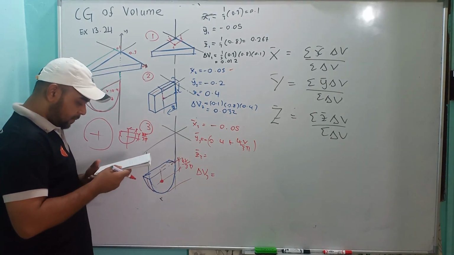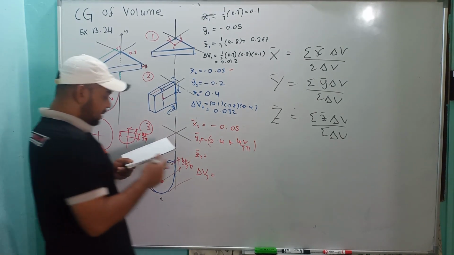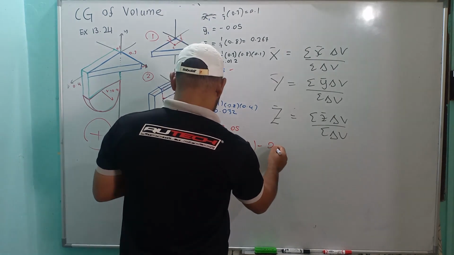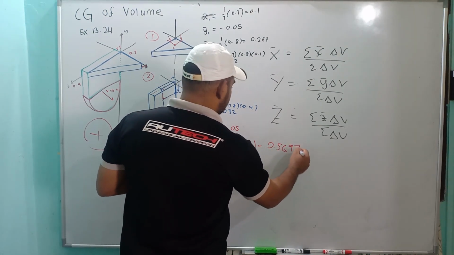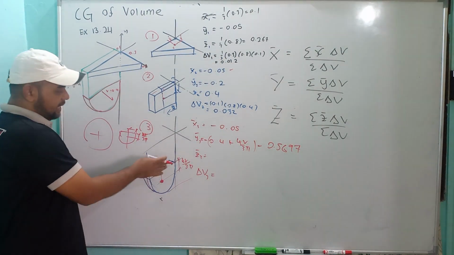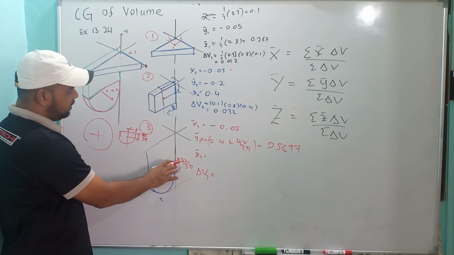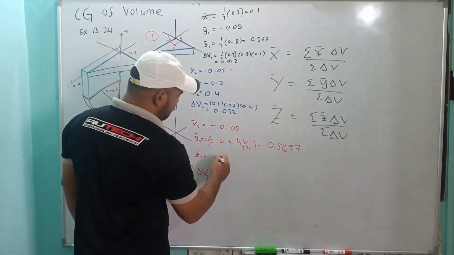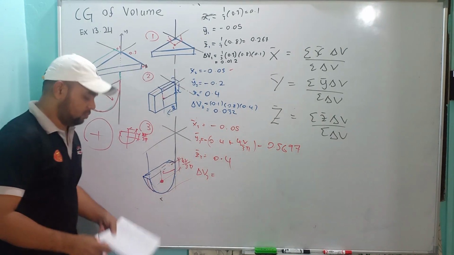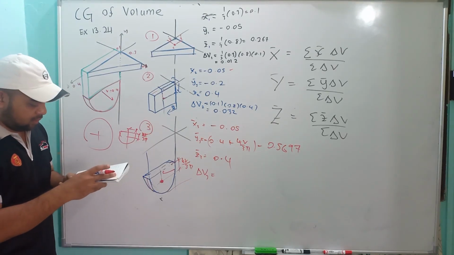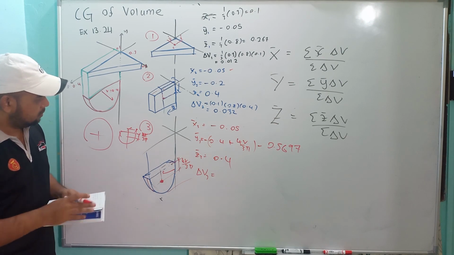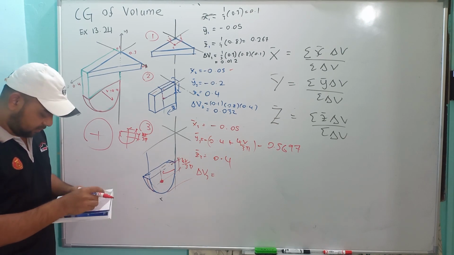Then 4r over 3 pi, you get negative 0.5697. Z is going this way, half of 0.8, so it is 0.4. Z bar is 0.4.